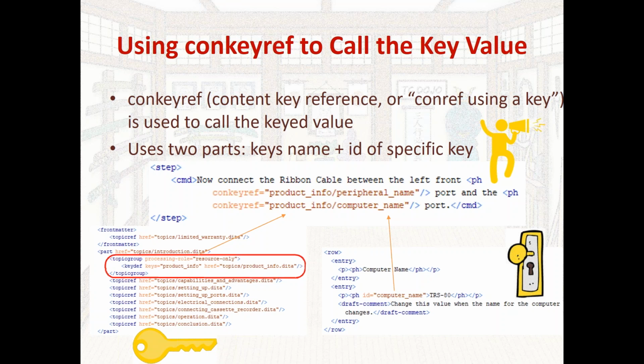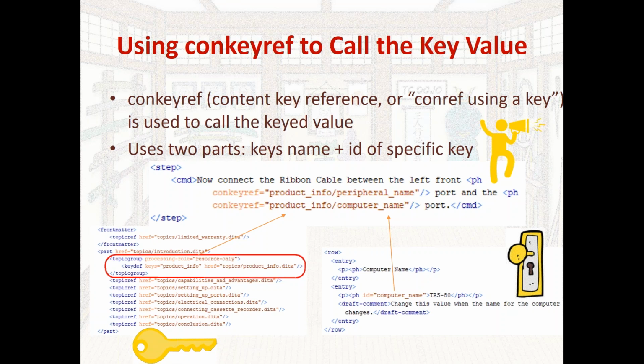So we have now connected a ribbon cable between the left front ConKeyRef product underscore info, which comes from the map side, and then computer name in the other portion to bring up TRS-80 within that particular reference. So this is where all three parts come together in the code.